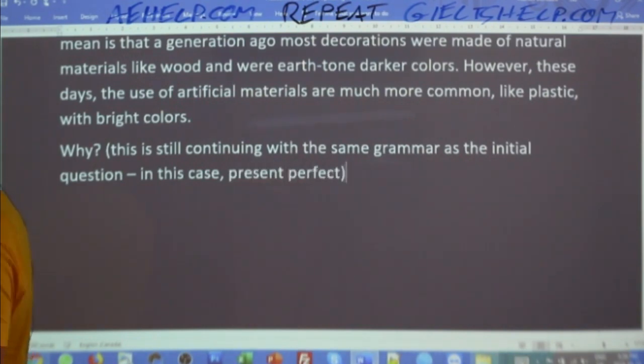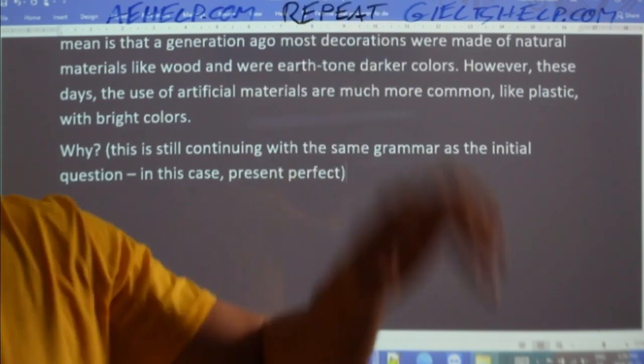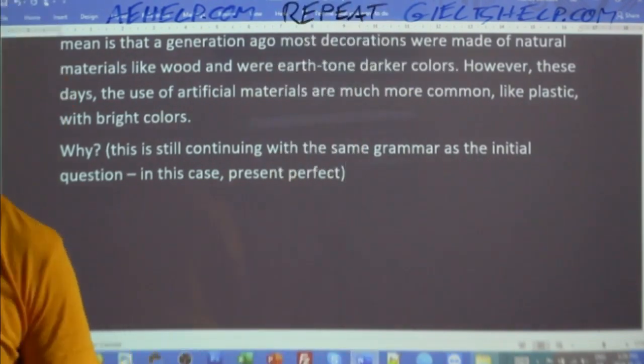Okay, so the initial question, the first question was present perfect. So you should stay with the present perfect to get that little bit of a higher band score. Okay.